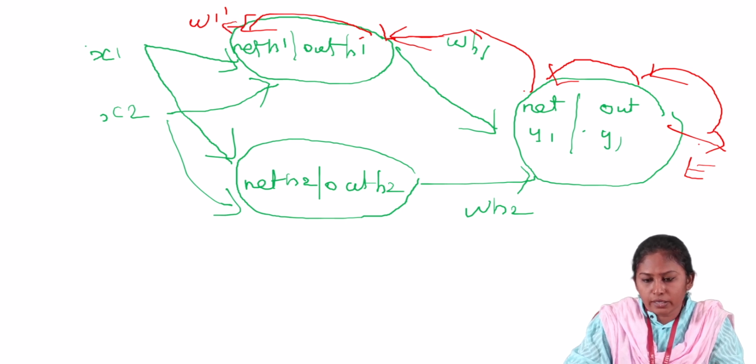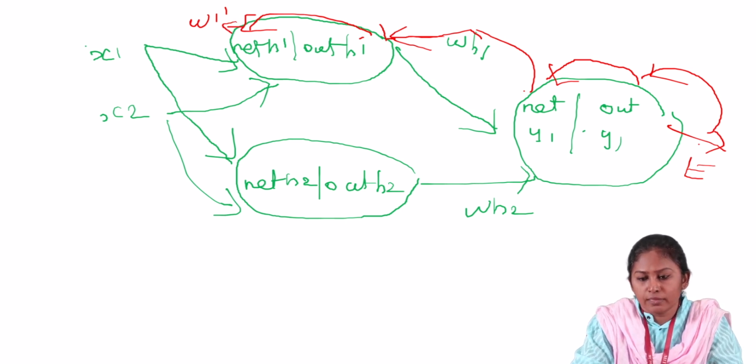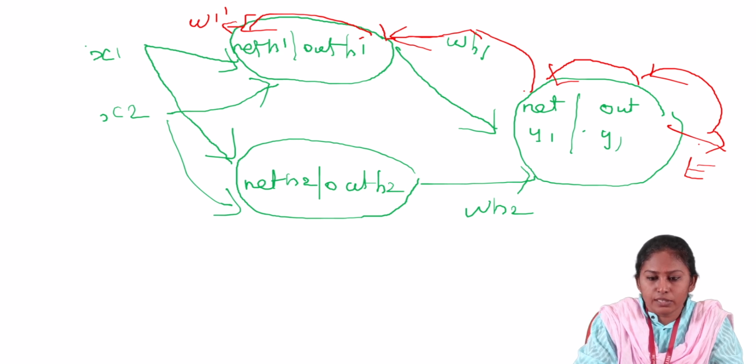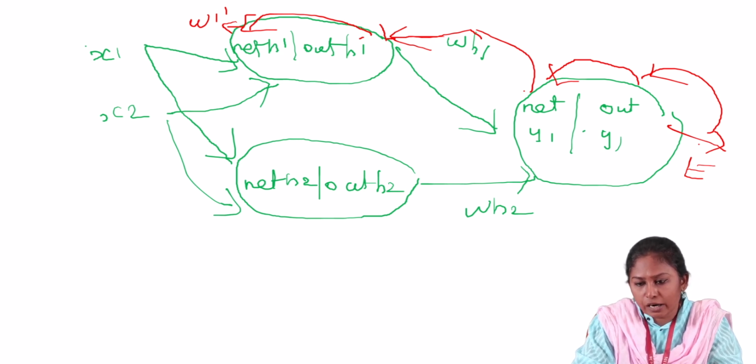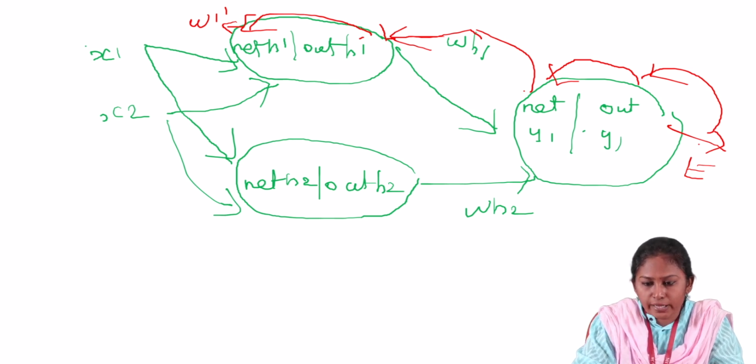So you got it, how the chain moves from the error to W11. To update the weight W11, I start from the error to out y1 to net y1 to out h1 to net h1, and then to W11. So now we are going to update this.